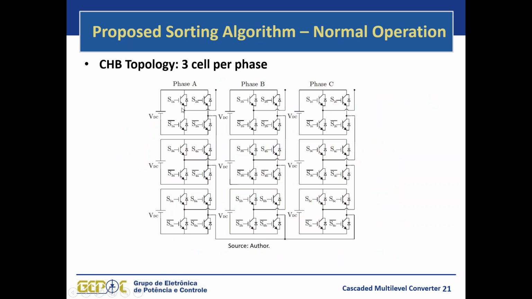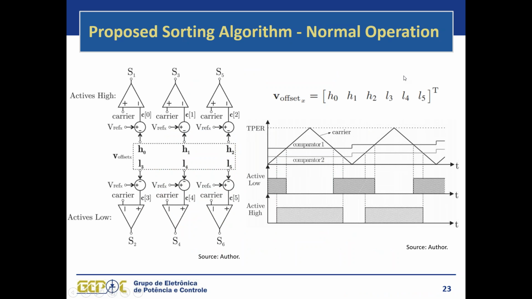So as a standard modulation for H-bridge, we have that these lower switches here are complementary to the upper switches. So we just need to actively control the upper switches of each cell. So this is the first important part of the strategy. We have this V offset, this vector with the offsets for the active high switches and active low switches.